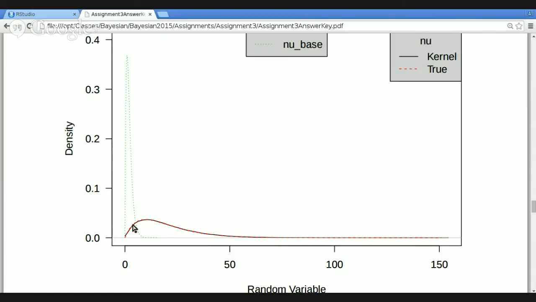But the distribution for nu is the black, or it's overridden with the red line, and is really spread out. It has a median of 20 or so, and a really long tail that stretches out past 150.